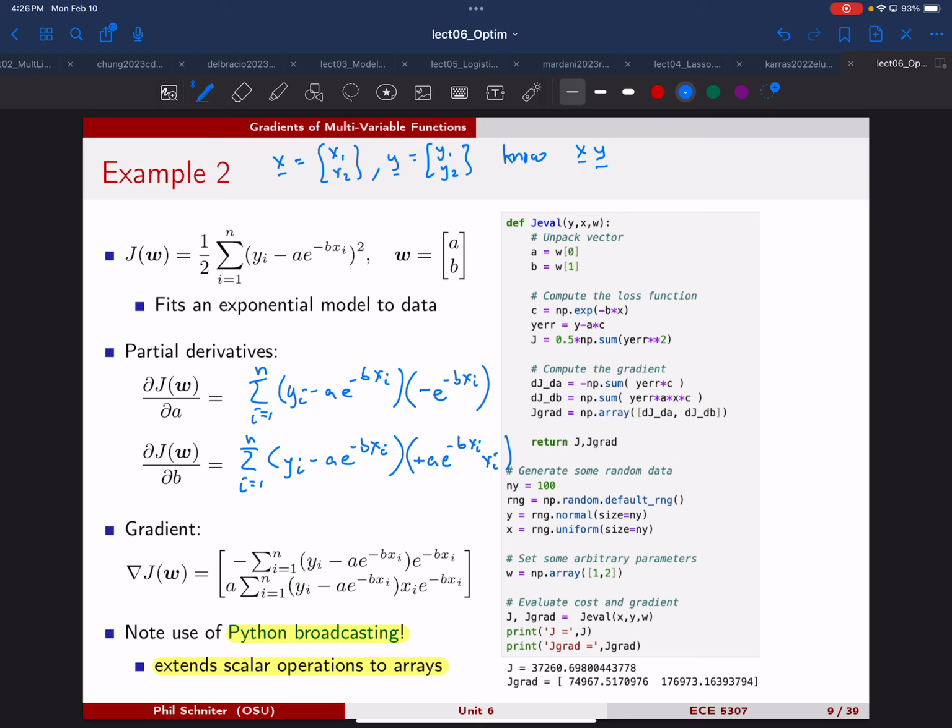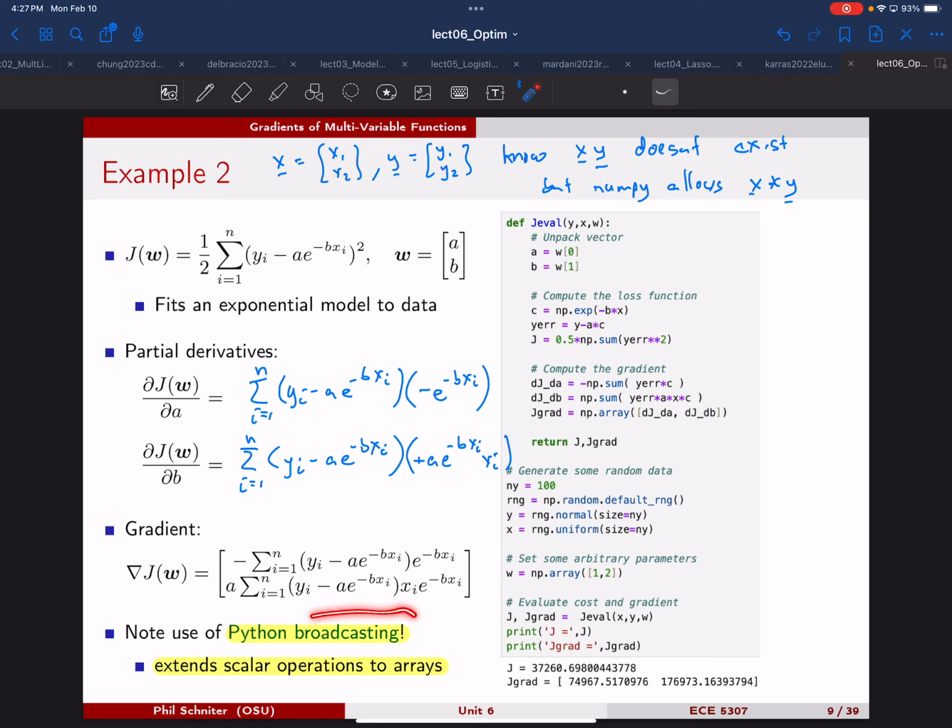But in Python or NumPy, NumPy allows x times y, which is interpreted not as a matrix multiplication, but as a scalar operation, where it will take the first element in x, multiply it by the first element in y, store that as the first element in the output, and then take the second one times the second one, multiply those, and store that in the output.